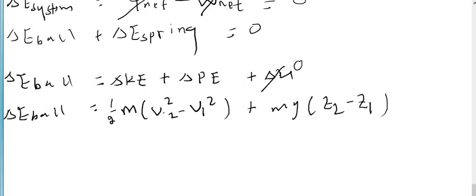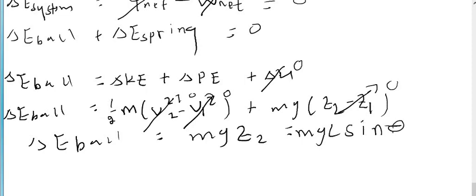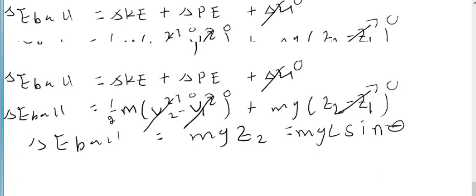From the information given, this is 0, this is also 0, and z1 is 0. So the dE of ball is equal to mgz2, which is equal to mgL sine theta, since z2 is L sine theta. So that is the change in energy of the ball.